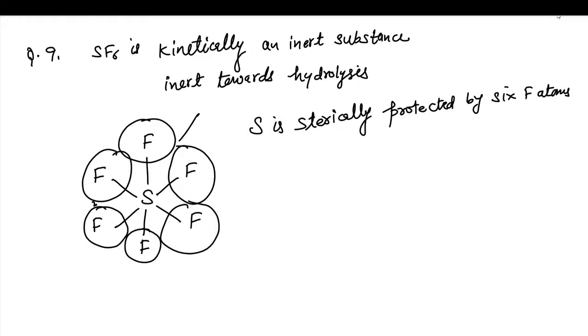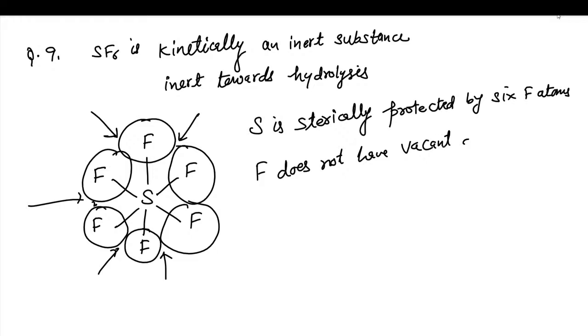Water molecules cannot approach sulfur, first thing. Okay, and second thing, fluorine does not have a vacant d orbital. That's why it does not accept the electron pair from the water.